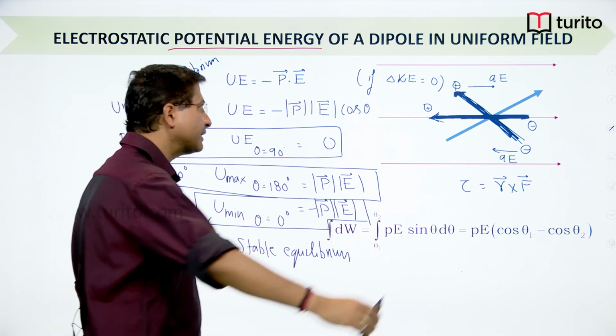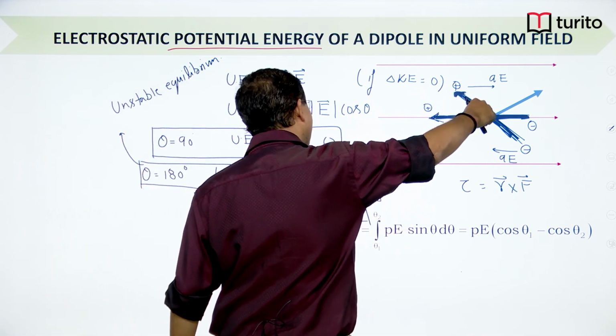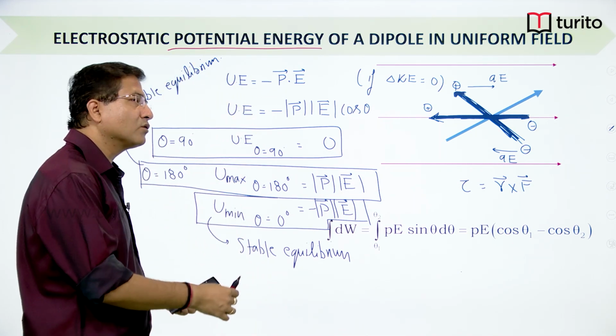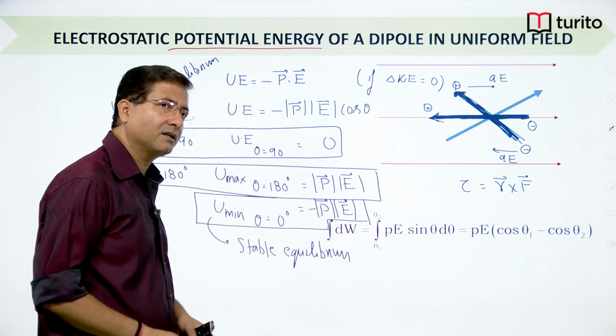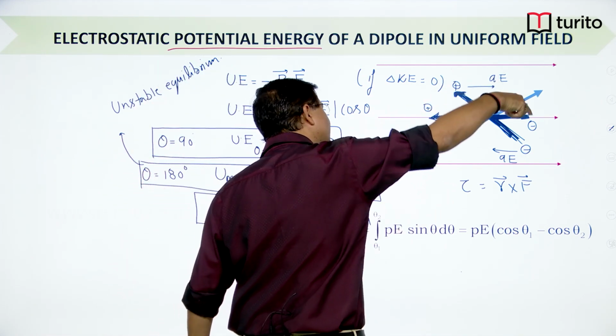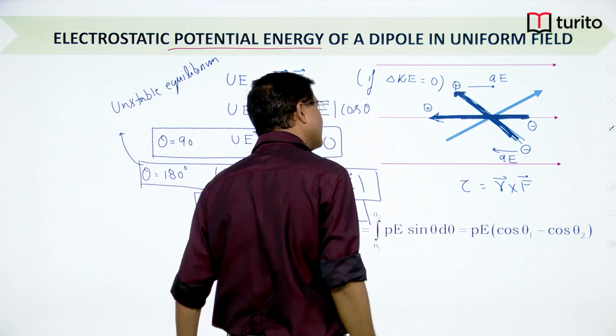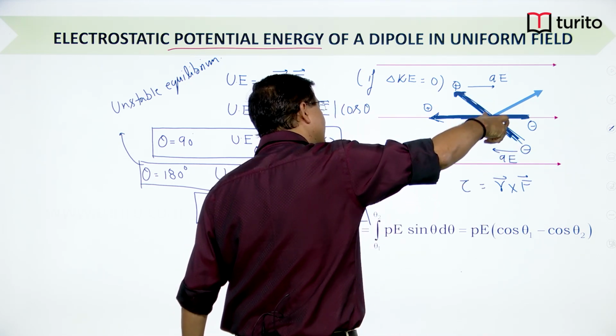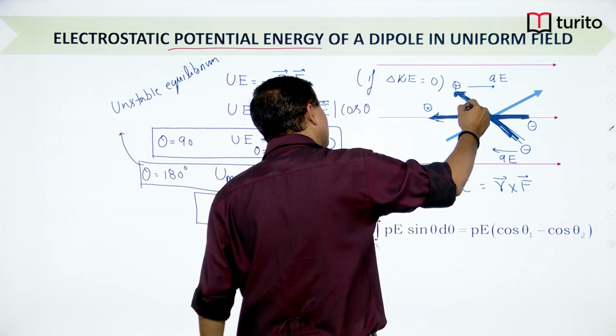You have rotated it clockwise and the torque due to the field is also in the same direction. Again R cross F, you can check: this force will try to rotate clockwise and this one also clockwise. So both are trying to rotate clockwise and you have also rotated clockwise.